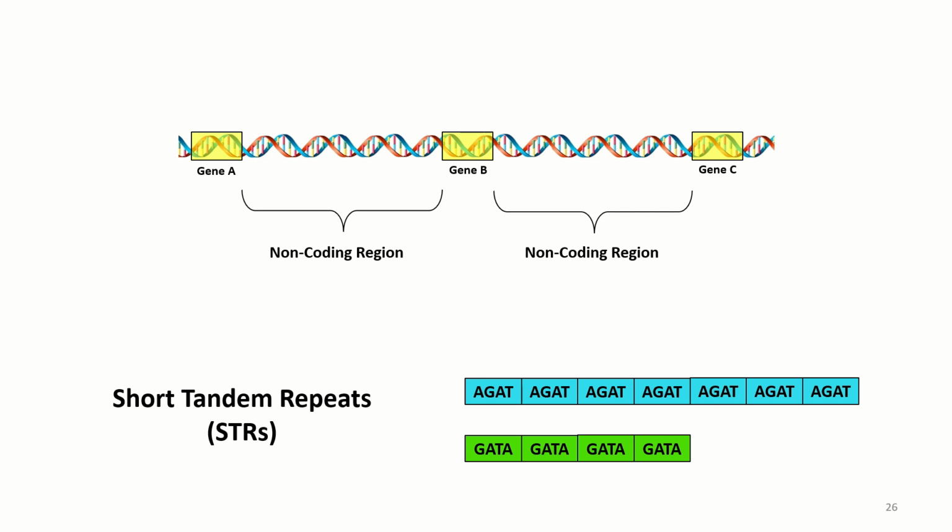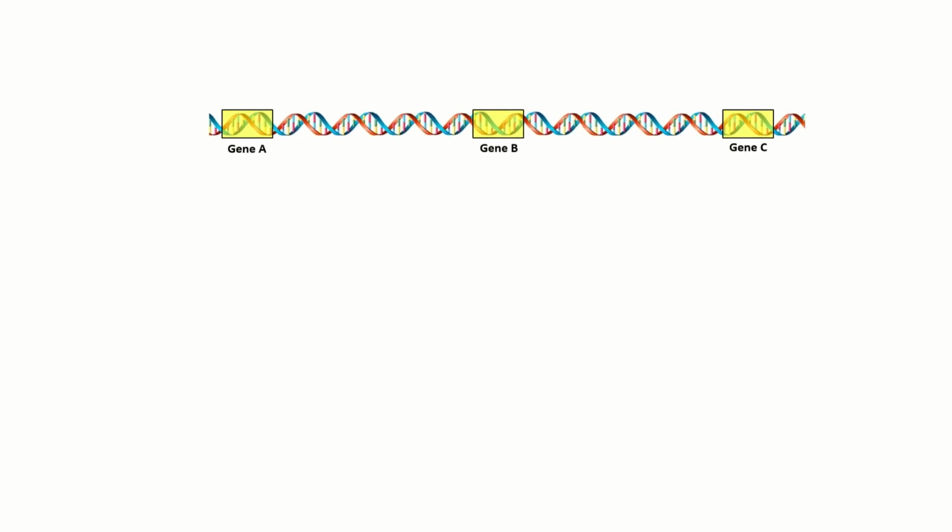So as an example here, AGAT is repeated 7 times here: 1, 2, 3, 4, 5, 6, 7. And GATA here is repeated 4 times. So these are examples of repetitive sequences that we call STR, short tandem repeat.